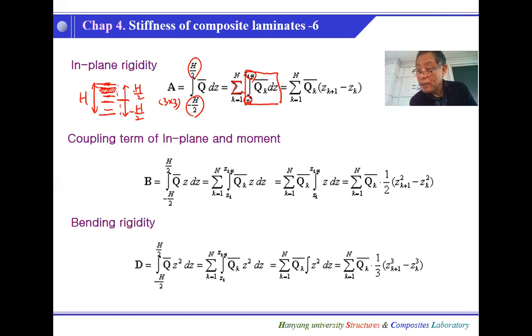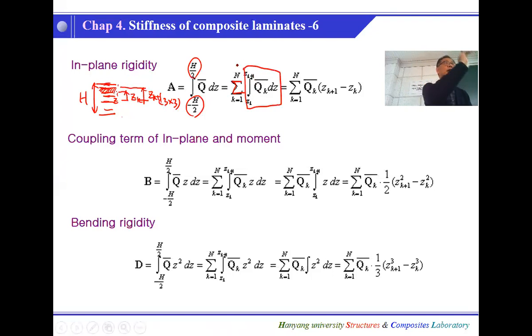For this one ply, you can see z_i to z_i+1. I like to use k, so z_k to z_k+1. This is the integration for each ply, and then we sum them up.